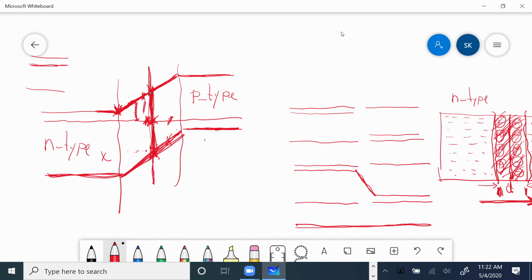In this whole region, this depletion region, the material was kind of n-type here, but then it became less and less n-type, and now is moving towards more and more p-type. At this point, it suddenly becomes absolutely p-type. That is what I'm trying to say.